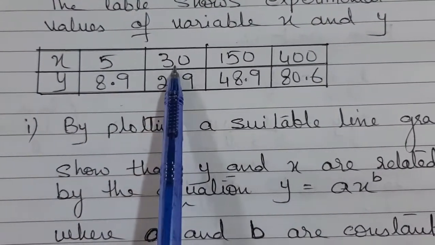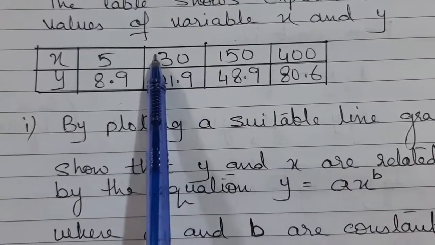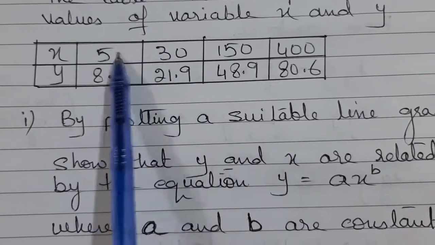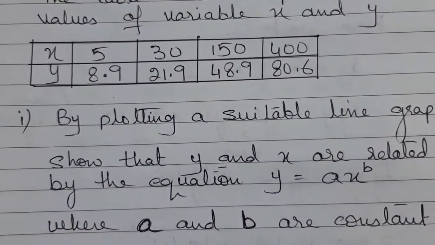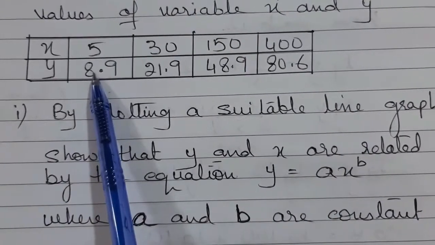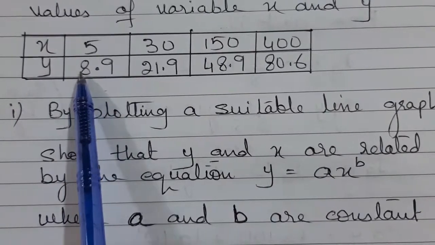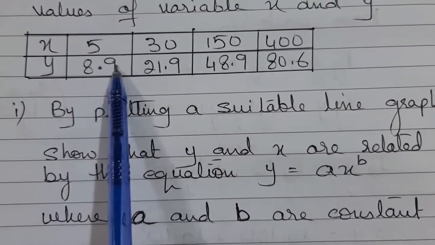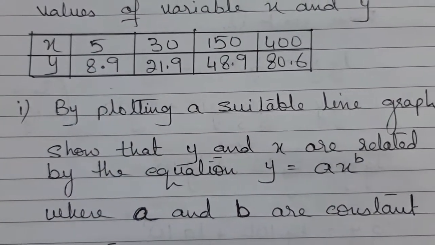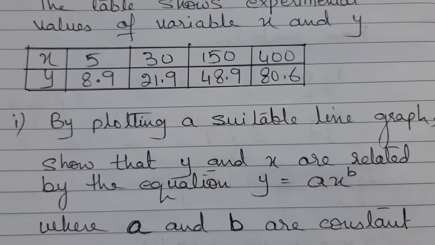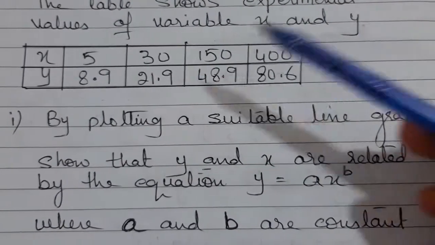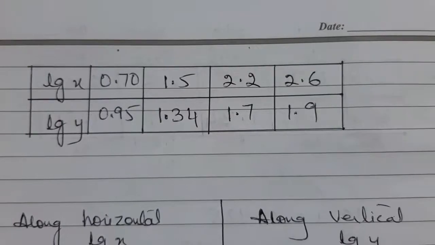Then I will take lg 30 and write the answer here. I will use a calculator to find the new values of the table. And because this will be my lg y now, using the calculator I will find the lg 8.9 value and write here. So let's make a new table of lg x and lg y using these values.